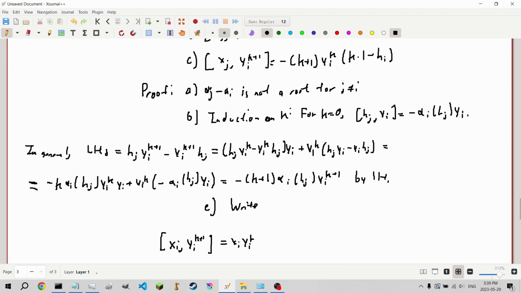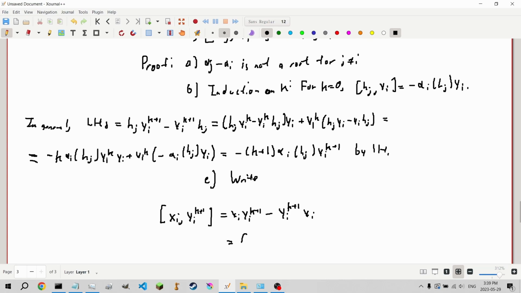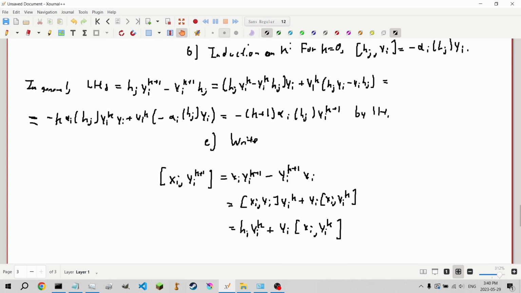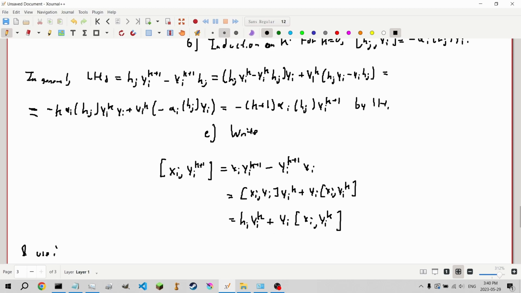First off, we just split up this bracket into its commutator, k plus 1 xi, which is then the bracket of xi and yi on yi to the k plus yi on the bracket of xi and yi to the k, which is hi on yi to the k plus yi on xi times yi to the k, and use induction on k, and use part B.